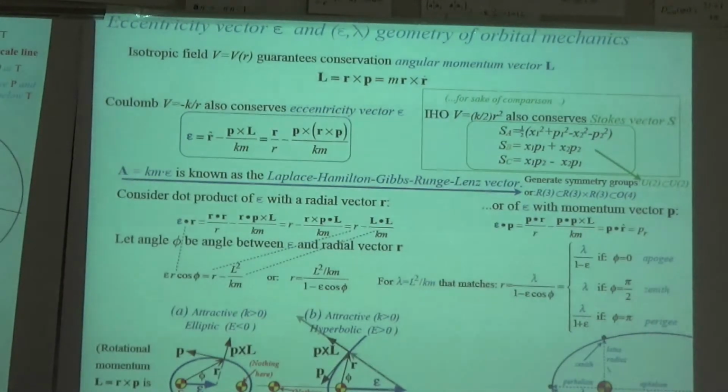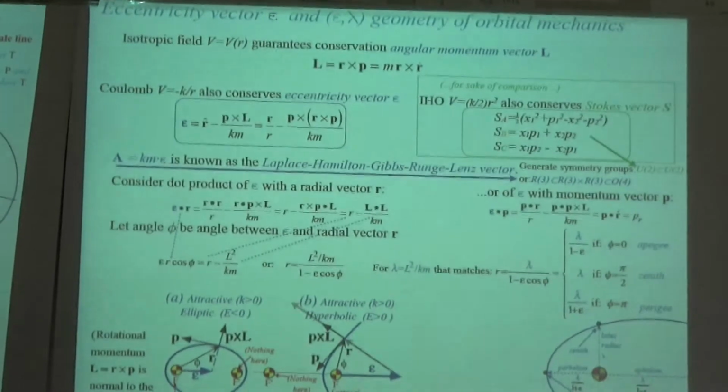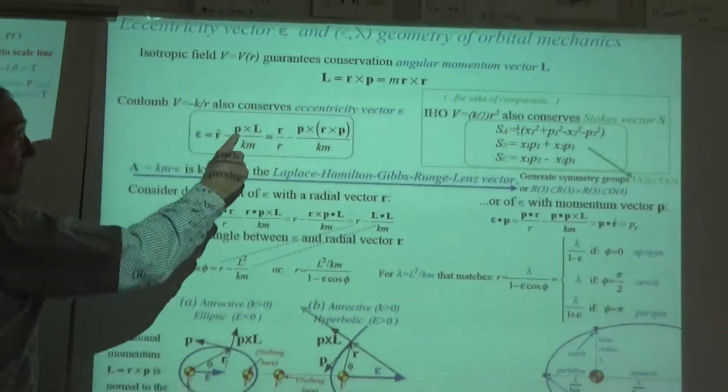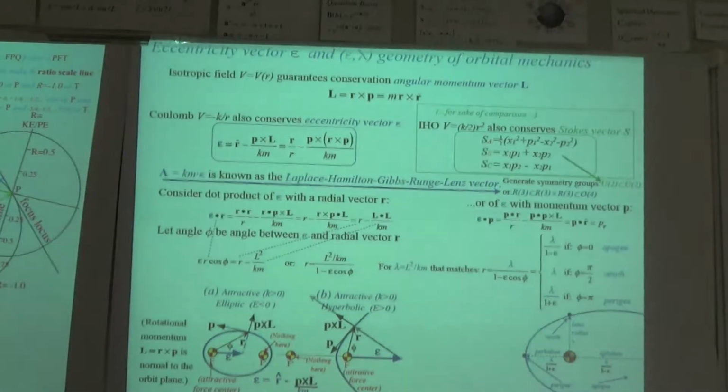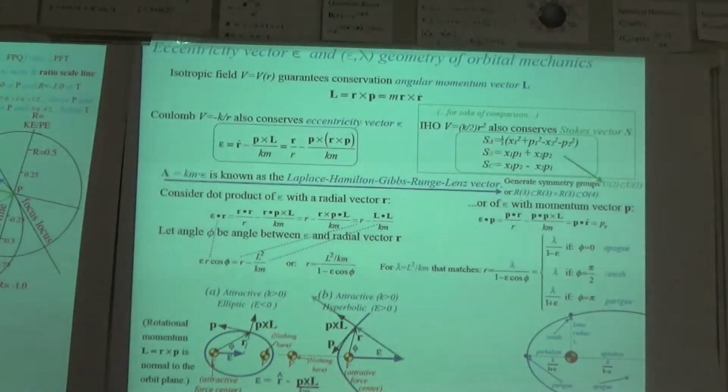But basically this line here is represented by this thing, P cross L. We'll see that in a minute, but that's where it comes from. That's how we're putting this together.